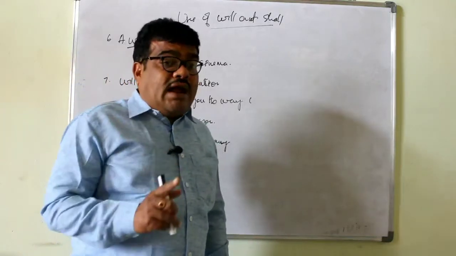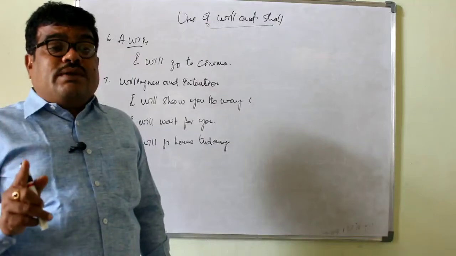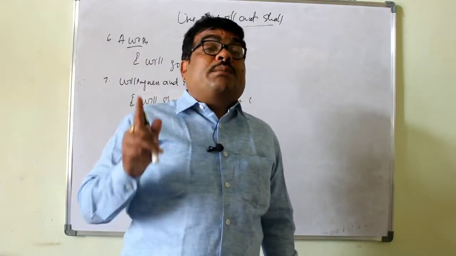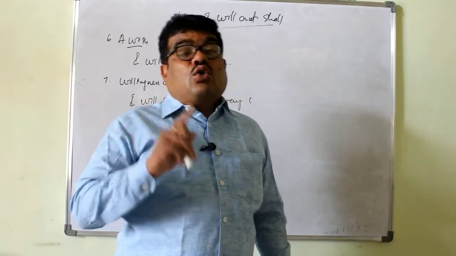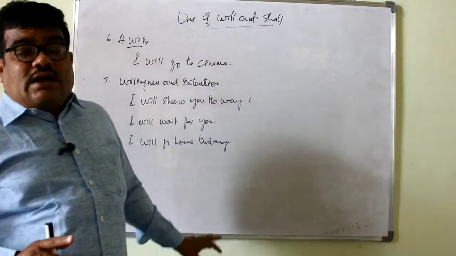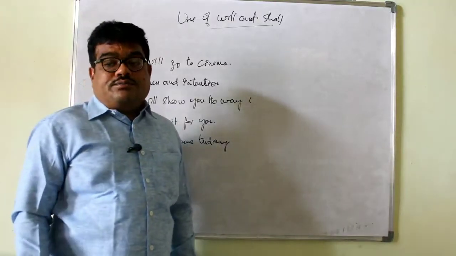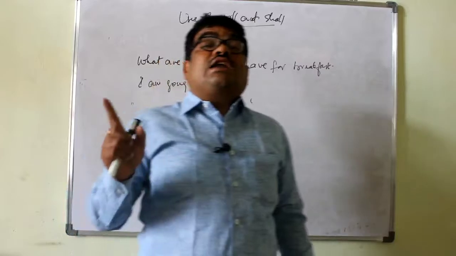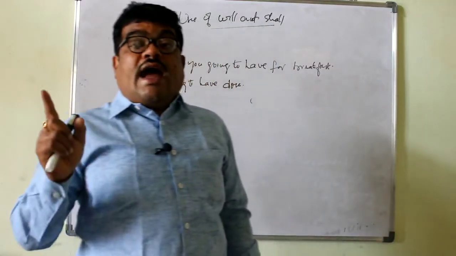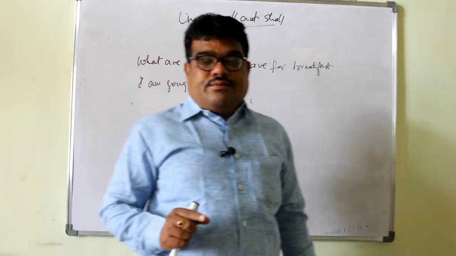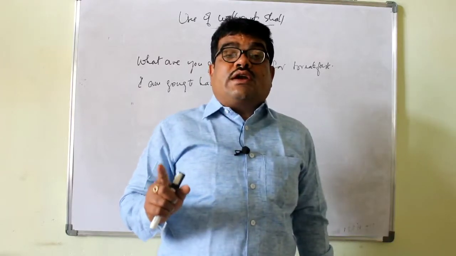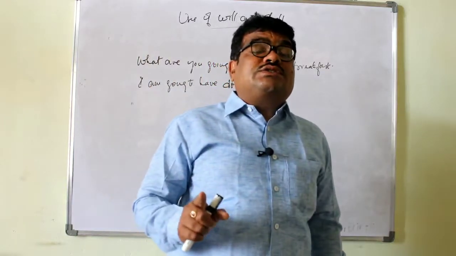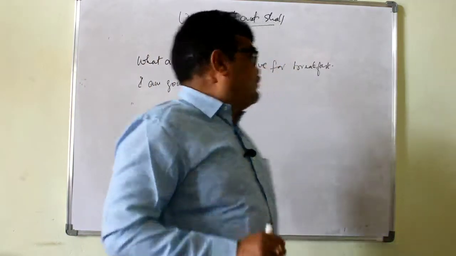But when it is planned, and when you have decided to do it, then you have to use the present continuous tense or the going to form. I will give you those examples also. Write down. When the action is planned, when the action is already fixed, for that you can use the present continuous tense or the going to form.